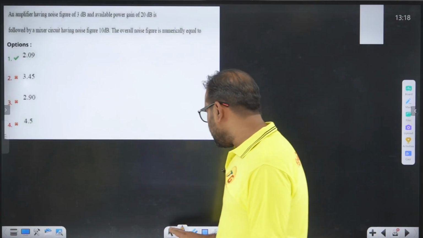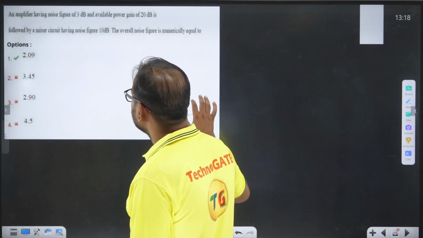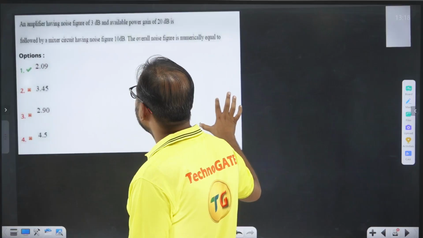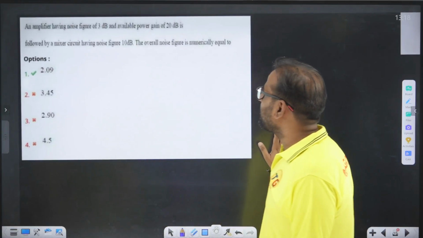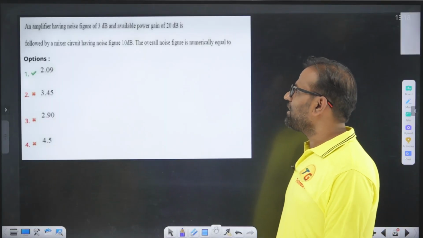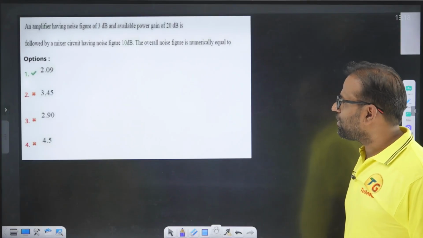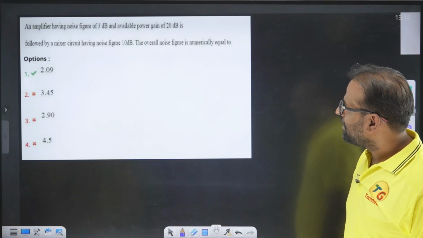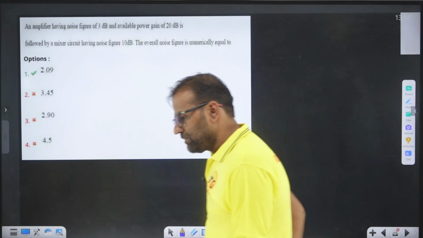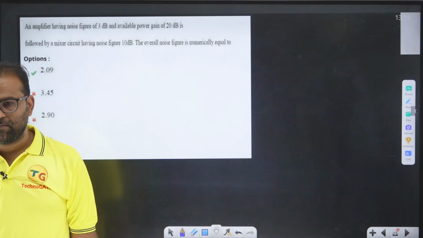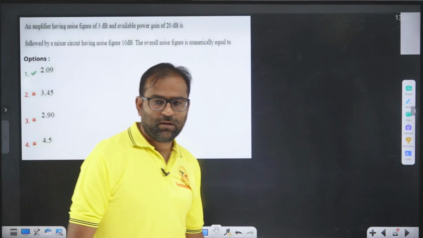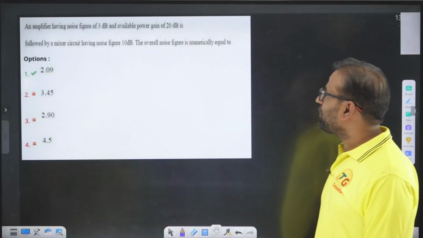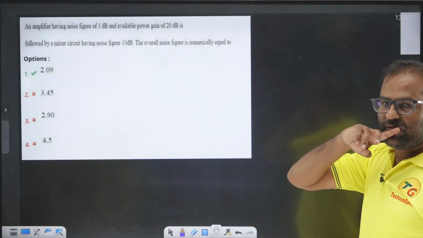Okay, in this question they are saying that the amplifier noise figure is 3 dB and available power gain is 20 dB, and the mixer circuit has a noise figure of 10 dB. The overall noise figure, okay. The question is not given very clearly. So the amplifier has a noise figure of 3 dB, power gain of 20 dB, and the mixer circuit has a noise figure of 10 dB.